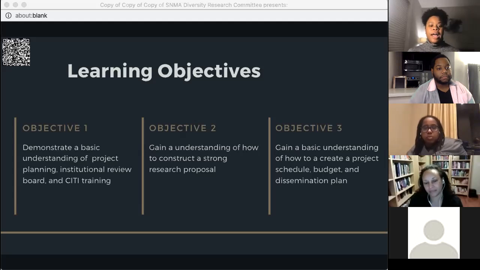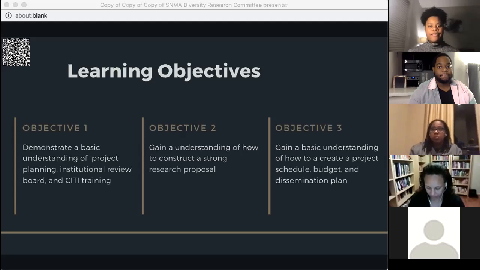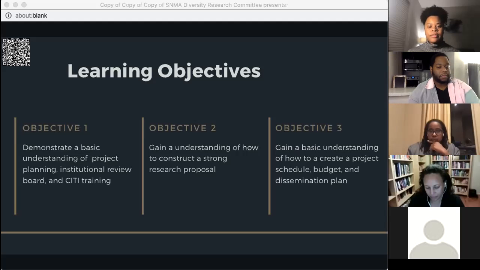I hope you'll gain an understanding of how to construct a strong research proposal, including things your graders or your mentor may be looking for, so that you can avoid that step. Lastly, I hope you gain an understanding of how to create a project schedule, a budget, and a dissemination plan, the importance of that, and some stakeholders you want to think about as you're doing that.